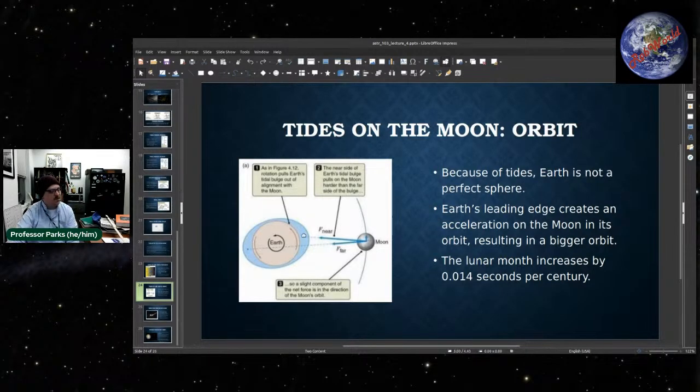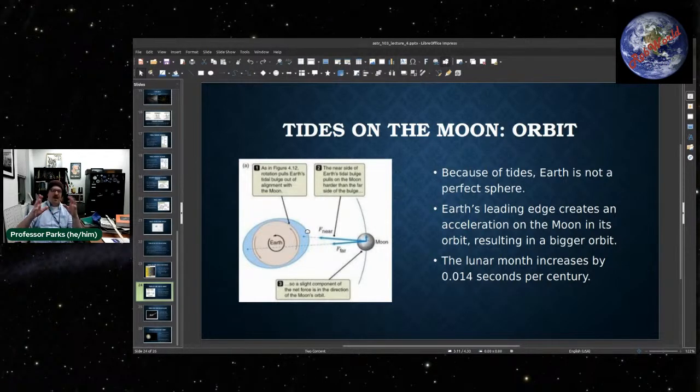This bulge over here is closer to the moon than the center point. And again, as I said, with gravity, distance is a big factor. Because that bulge is closer to the moon, it's going to experience a larger force.